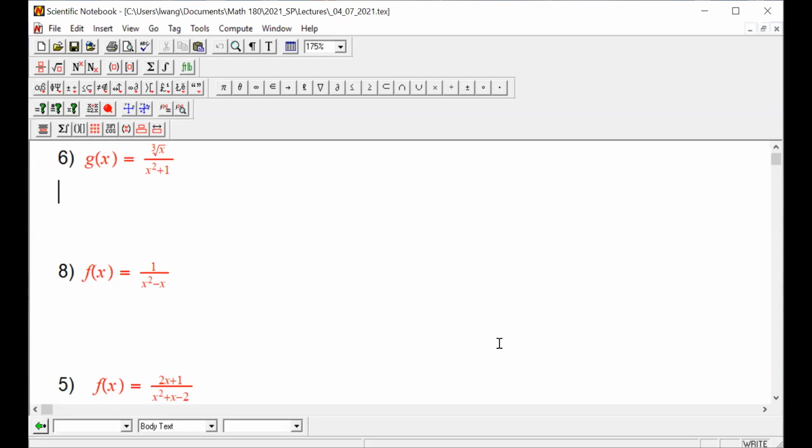So for the first one, you set the equation not equal to 0. Okay, so what did you get for number 6? Is it just x squared plus 1 does not equal 0? Sure, you can set it up that way.